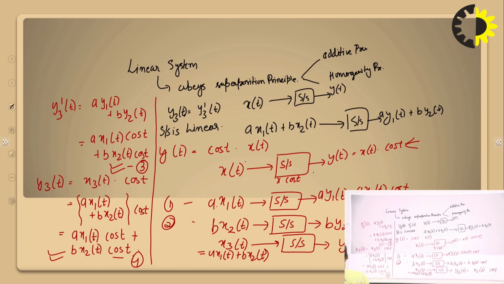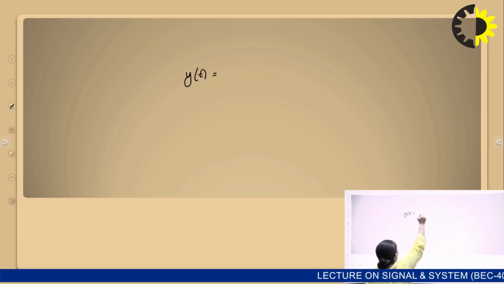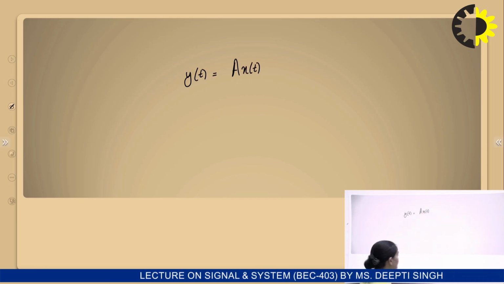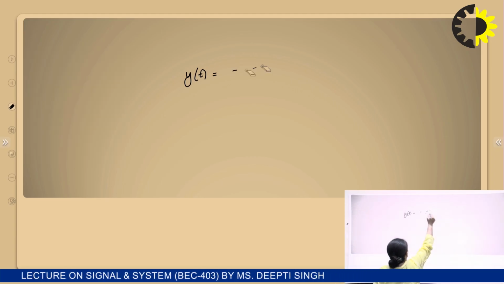Now take a very common example of a system: the equation of a line. Y(t) equals, suppose, m of x(t) plus c, that is mx plus c. This is the equation of a line.